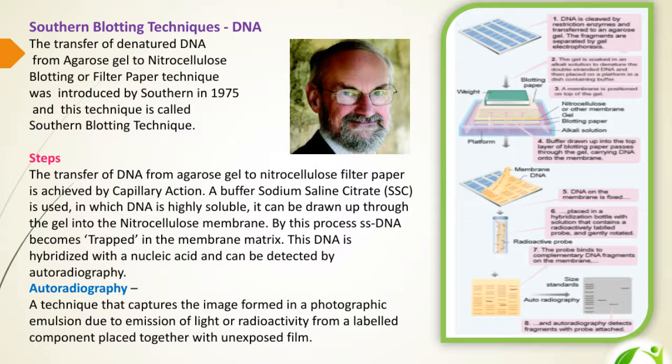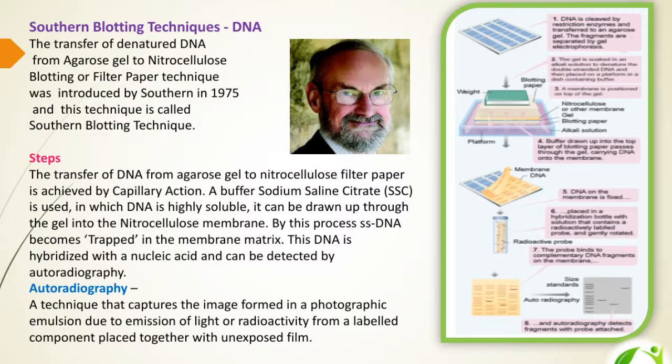On the bottom the agarose gel is there. On top of the agarose gel, a membrane is placed. Usually you will have the gel, and on top of the gel the nitrocellulose filter paper. Buffer is drawn up into the top layer of the blotting paper and passes through the gel.